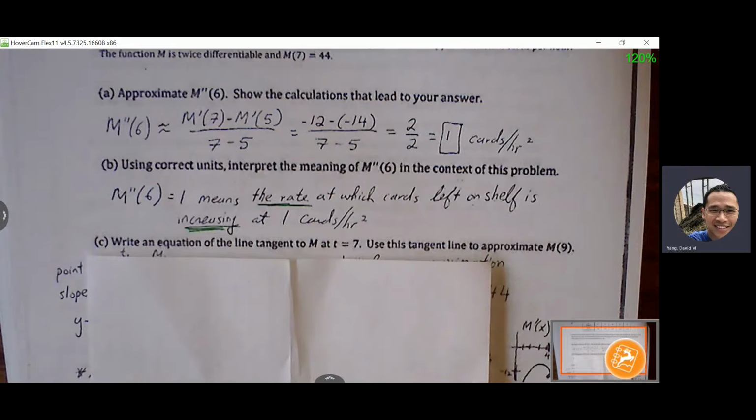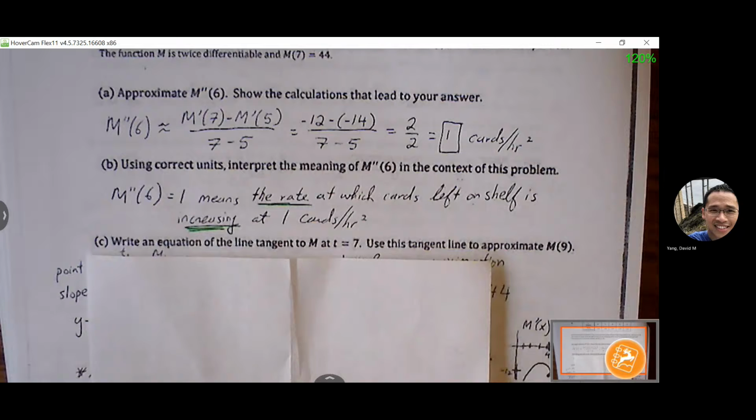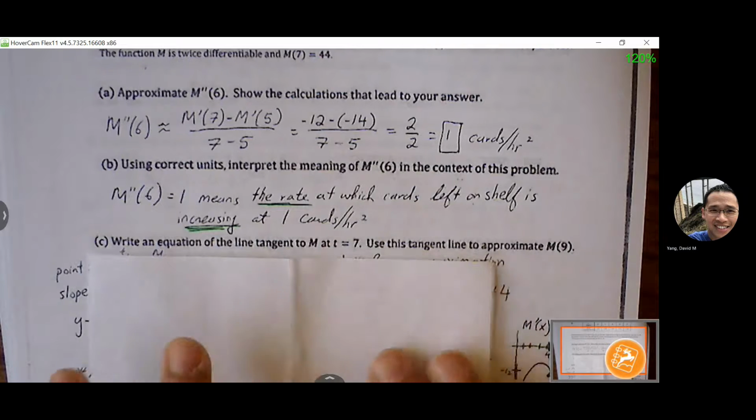Your ordered pair comes from the description in the paragraph above, and then the tangent line slope, m prime of 9, m prime of 7, comes from your table. Also, you have to make adjustments with your variables, right? Instead of x and y, we're using t and m.